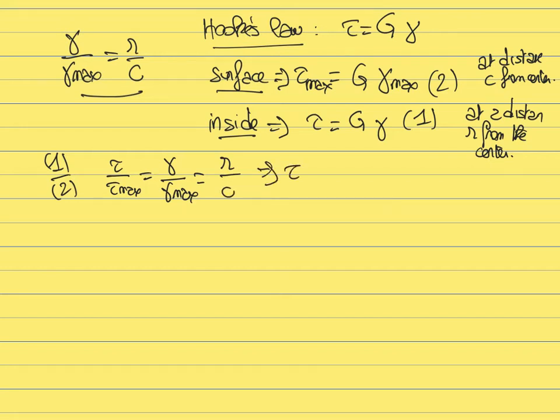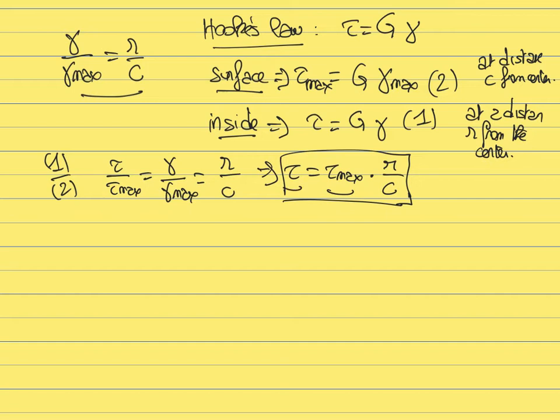So this gives, again, a simplified formula that tells you that the shear stress tau at a given distance R from the center is equal to the maximum shear stress tau max at the surface of the beam times R divided by C. If you know the shear stress at the surface, then you can calculate the shear stress inside.